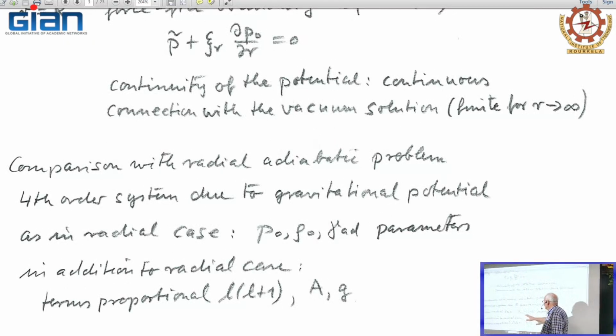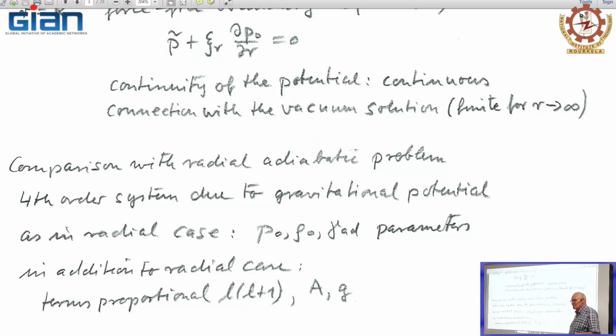And as in the radial case, if we look for the coefficients which appear in our equation, first of all there are the same quantities: the pressure stratification, the density stratification, and the adiabatic exponent or coefficient gamma adiabatic. What we observe in addition to the radial case, of course, is the factor L times L plus 1. That's clear.